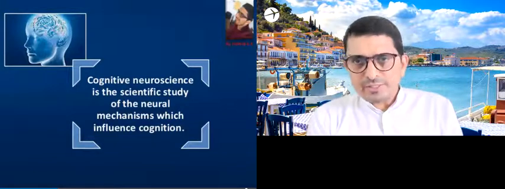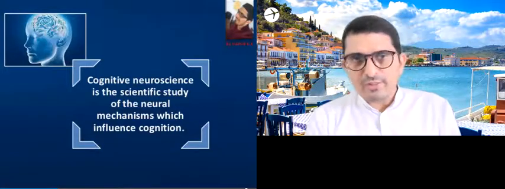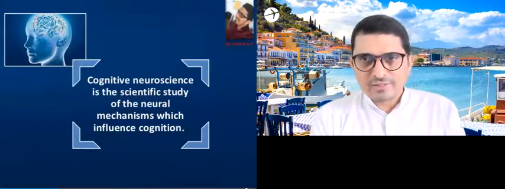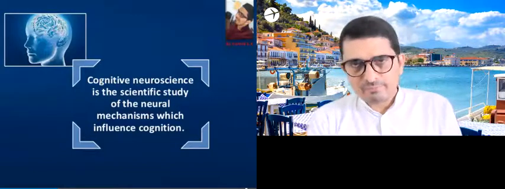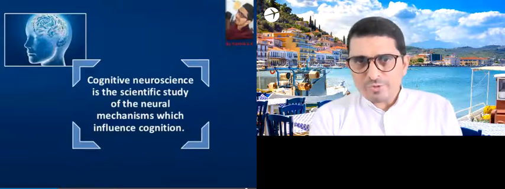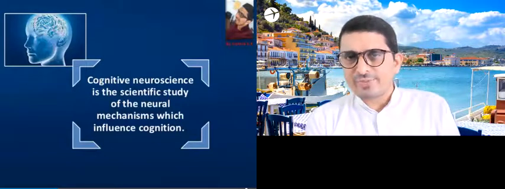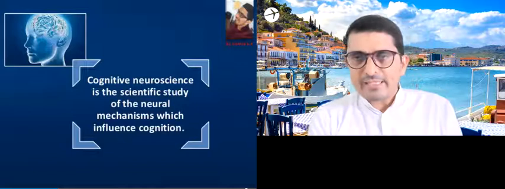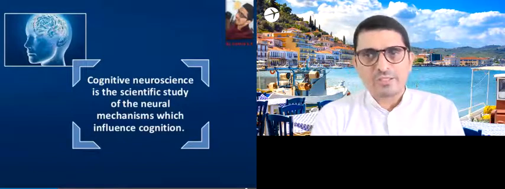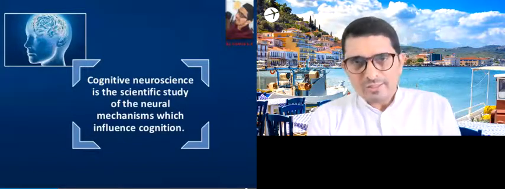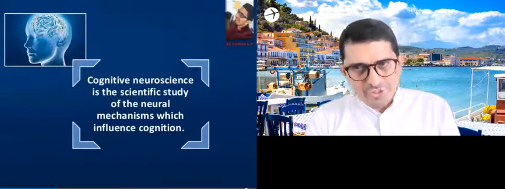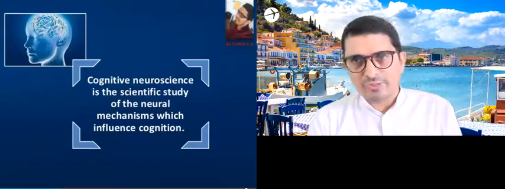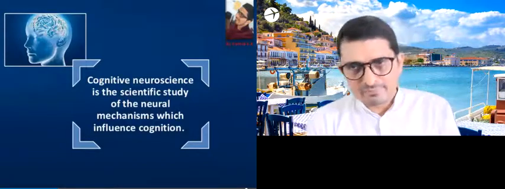And this cognition is on the basis of some mechanisms, some activities in the nervous system in our brain. So cognitive neuroscience is the scientific study of the neural mechanisms, or the activities of the nervous system, which influence cognition, the functions of brain or the functions of the cognitive domain.